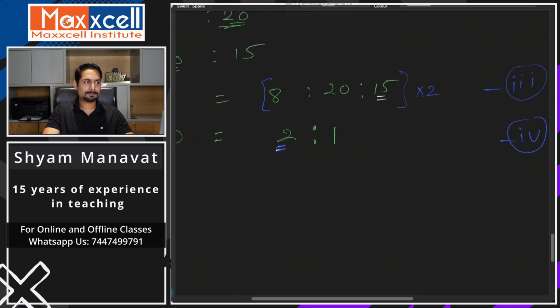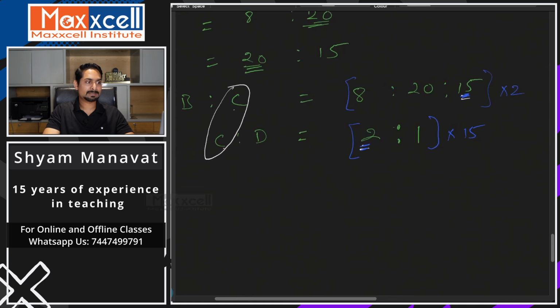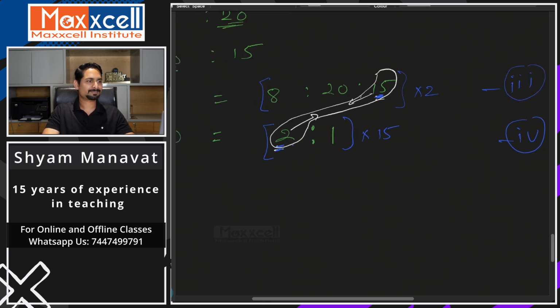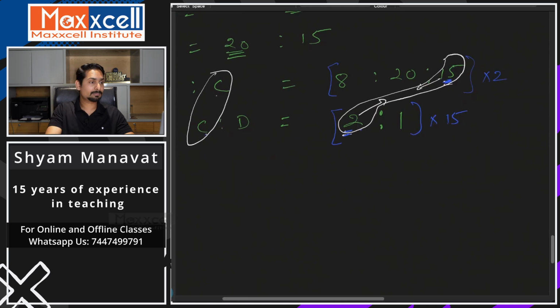So this 15 I will multiply in the fourth equation, and equation number 4 says C equal to 2. So C equal to 2 I multiply in the third equation. See this, we need to make them equal. So 15 multiply down, 2 multiply up. Okay, and multiply in all the terms.